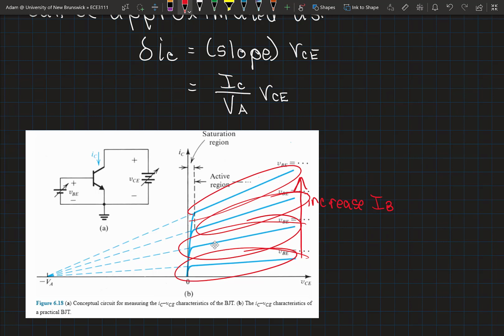But in every case, the slope is a function of this early voltage and the collector current at that specific operating point. So maybe this is collector current 1 versus collector current 2, and so on.